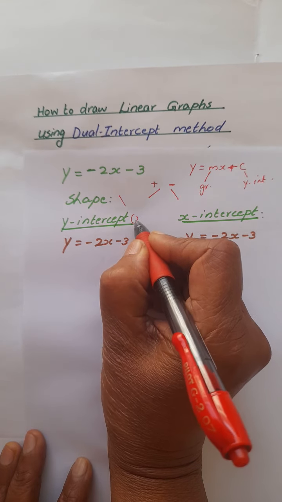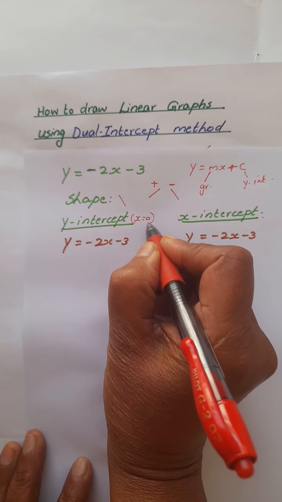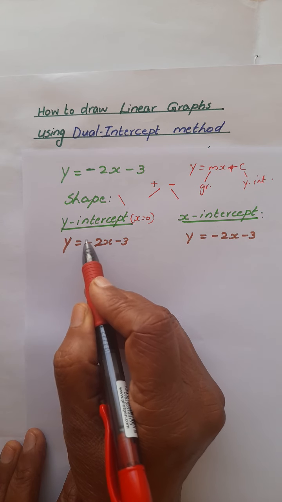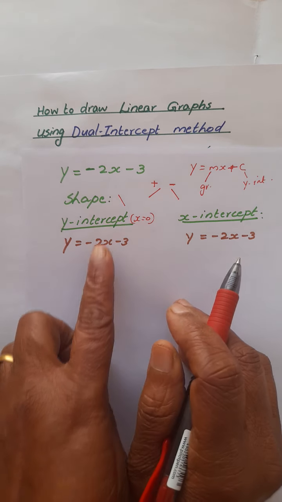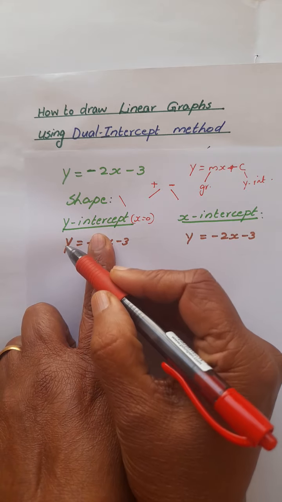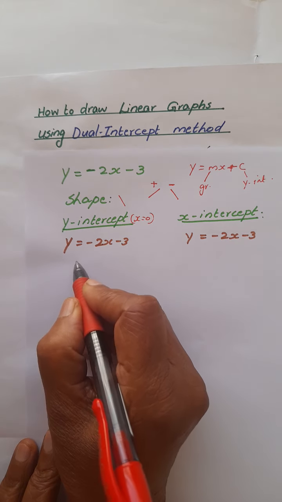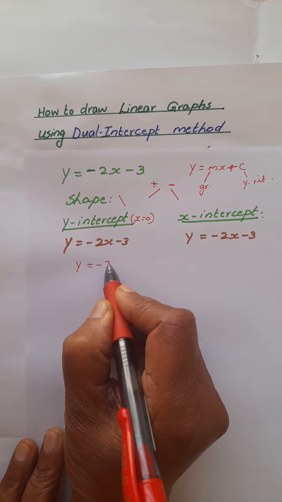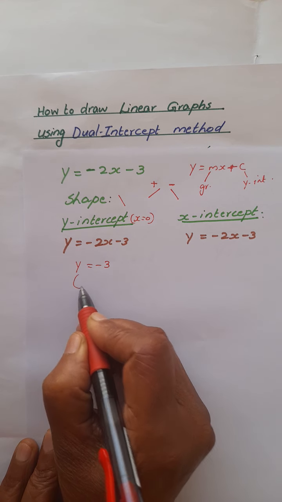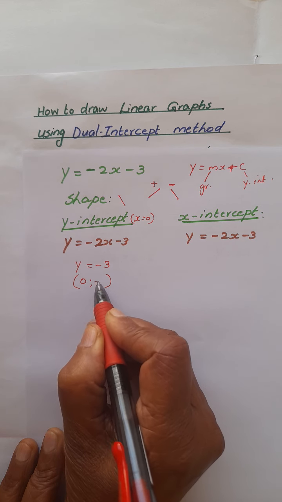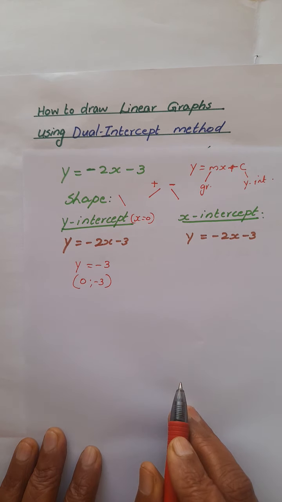So the x value is equal to 0. If the x value is 0, the whole term becomes 0. So we block that, and we get the y coordinate: y equals negative 3. If you want to write it in coordinates, it is 0, negative 3.